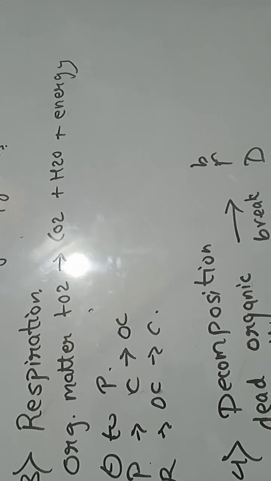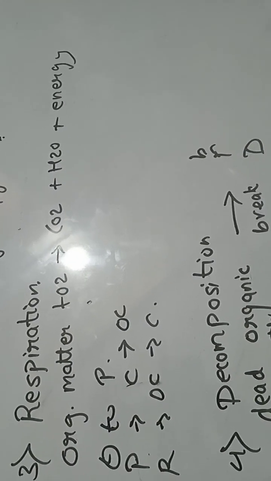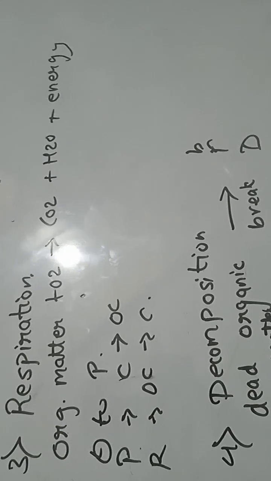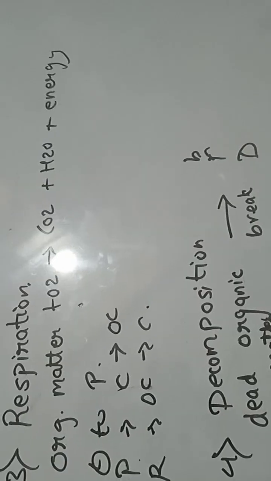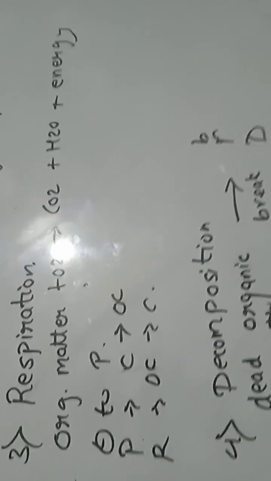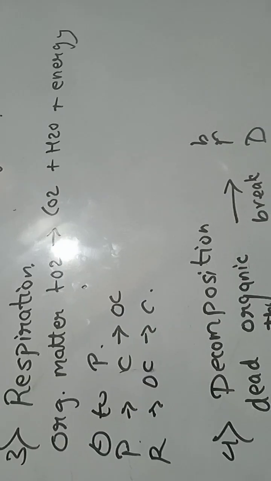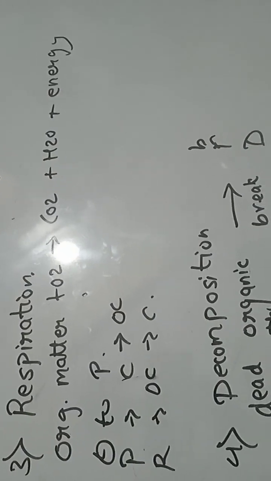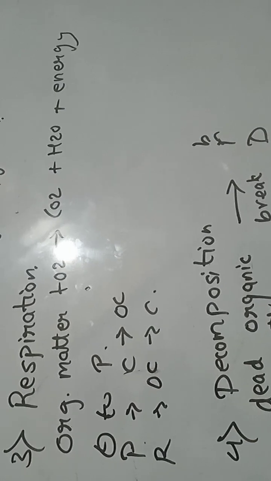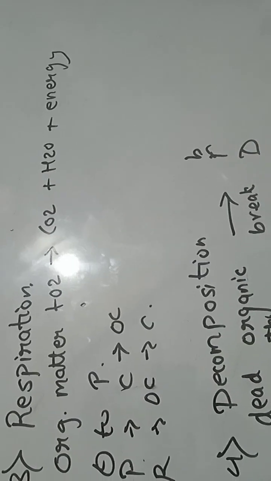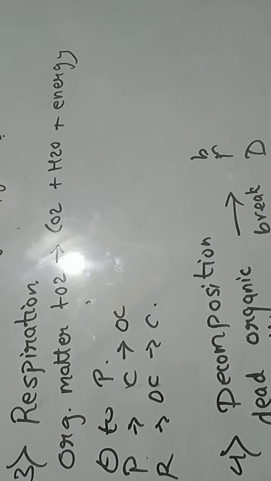From organic matter, that is carbohydrates and all, we make energy. How? We take O2 from the atmosphere. Not only us, but plants and animals also do it. We take oxygen from the atmosphere, and as we have already got the organic matter in our body, we make CO2, H2O and energy as byproducts.